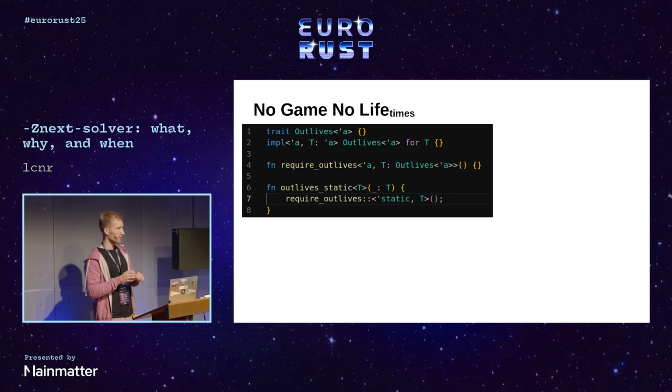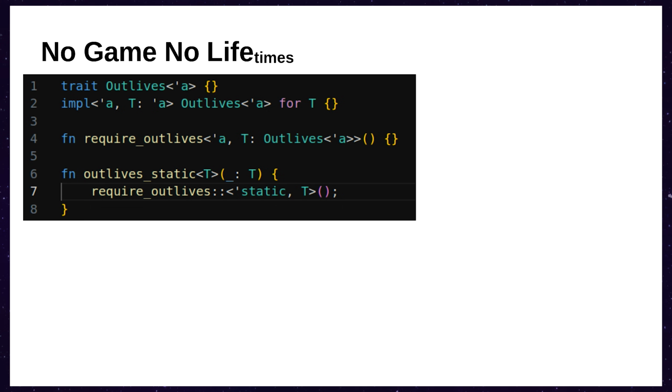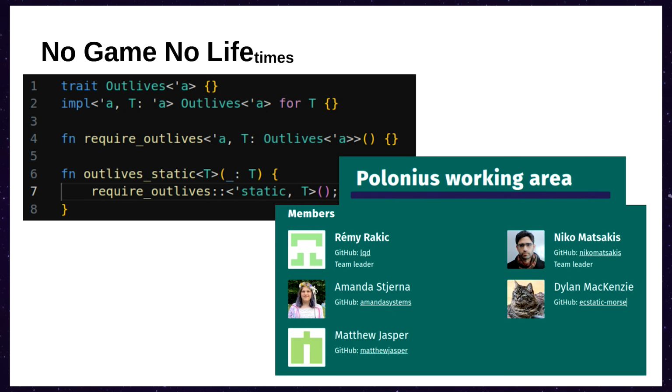So anything to do with lifetimes or regions, which is what we sometimes call lifetimes internally, anything to do with those things is handled separately via borrow checking. We've had one big change in the past, in 2018, called NLL, and people are now working on Polonius.